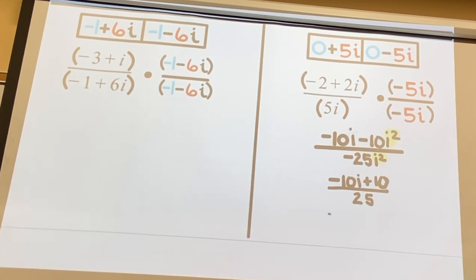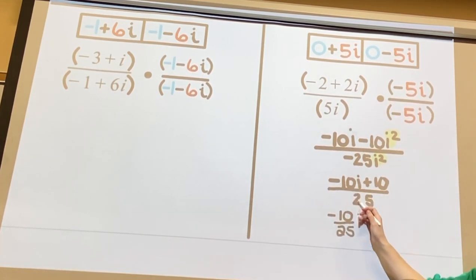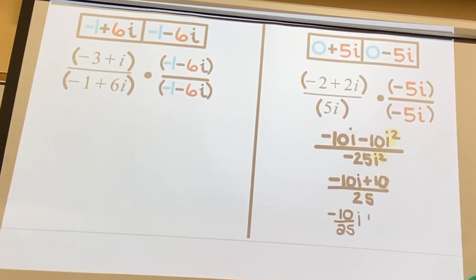So this would be negative 10 over 25i. I'm just putting right away the i's off to the side. Negative 10 over 25i and plus 10 over 25. And then I can simplify that fraction.